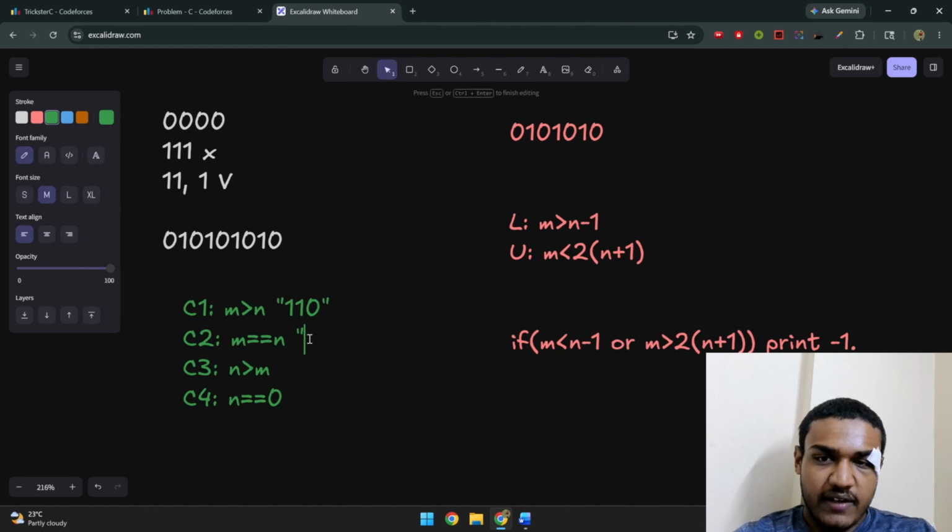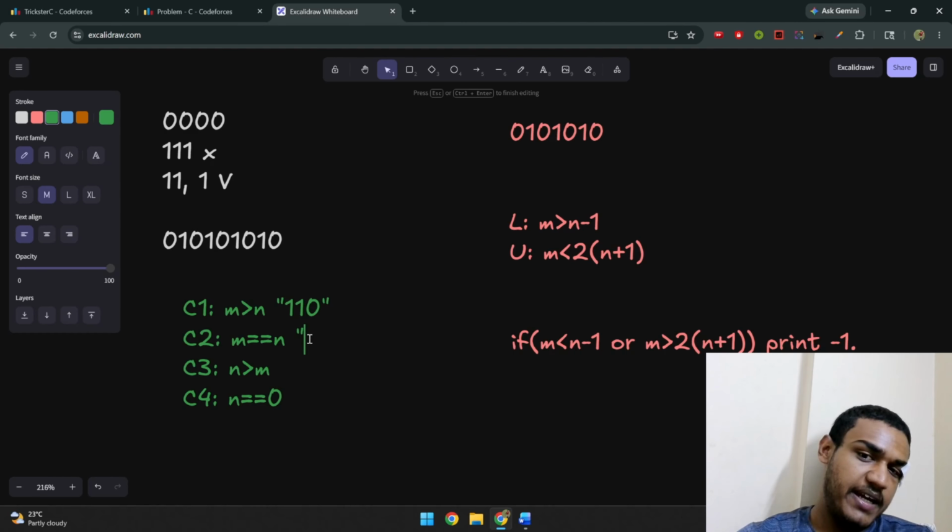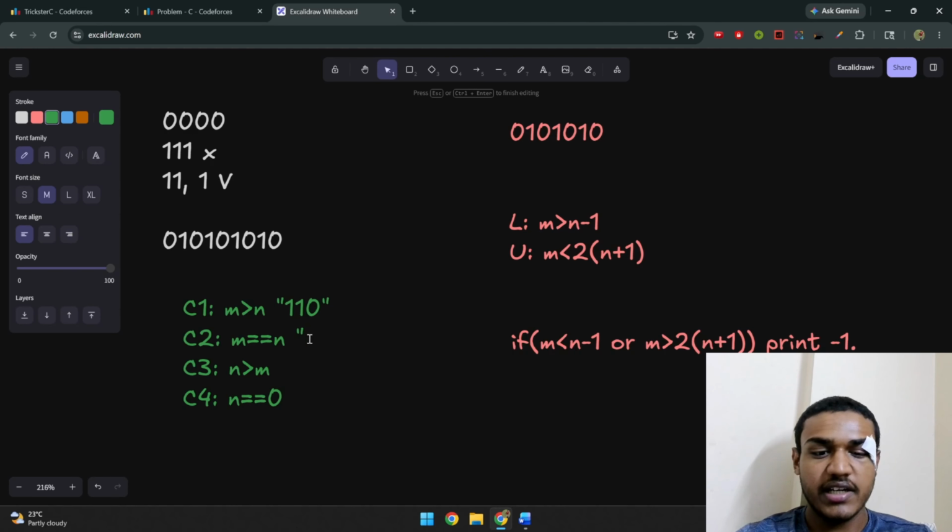If m is equal to n, we have the same number, so we'll be printing 1 and 0 together as pairs, so that the criteria does not break. So it'll be 1 0. If n is greater than m, that means there is an extra 0, so we'll go ahead and print the 0. And if n is equal to 0, that means we just have an extra 1, so we'll go ahead and print this extra 1.